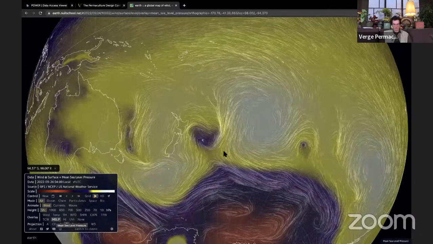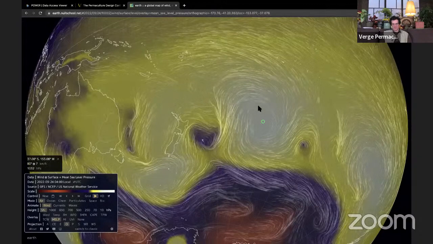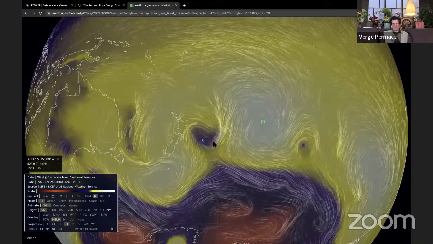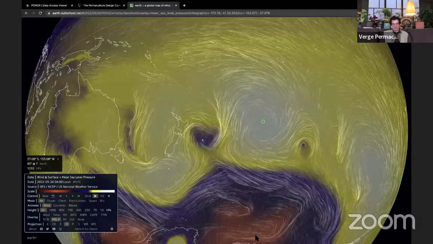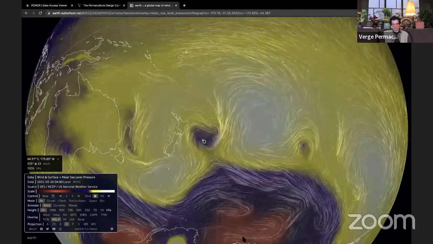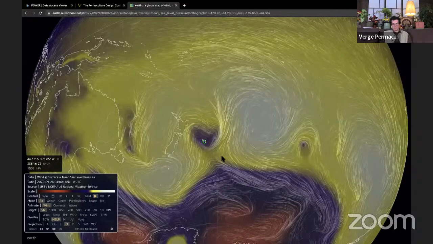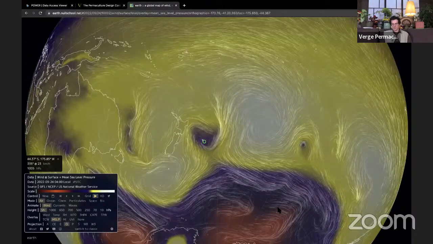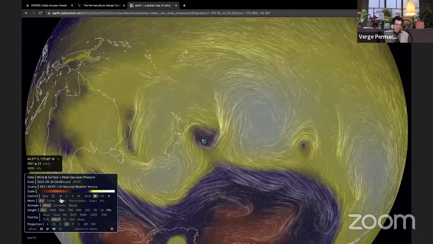And so you'll notice right here, this big high pressure system, represented by this gray, is flowing all towards this lower pressure system represented by this purple right here. There's some really gnarly low pressure systems over here. And you'll see that even though there's a low pressure system right here, a lot of the air from this high pressure system is being sucked towards this really large low pressure system here.